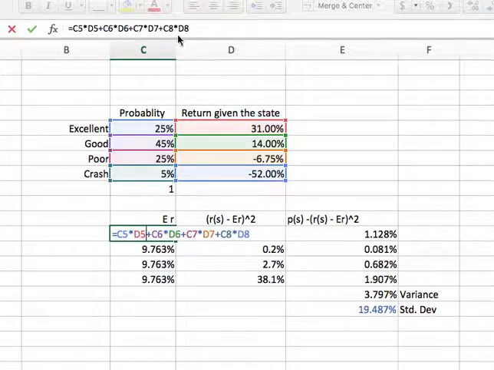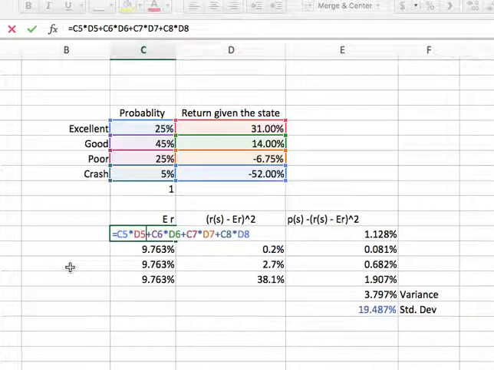Now, I didn't have to put parentheses around each one of these. Why is that? Well, of course, we're going to do the multiplication first and then the addition, because the Excel spreadsheet is set up to do the proper order of operations, so we didn't have to put parentheses around everything, but you need to make sure of that. A very common mistake is that you put a formula in there but you forget the parentheses, or you put the wrong parentheses in. Very common mistakes in setting up models.